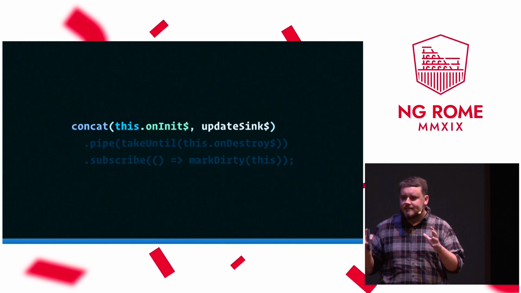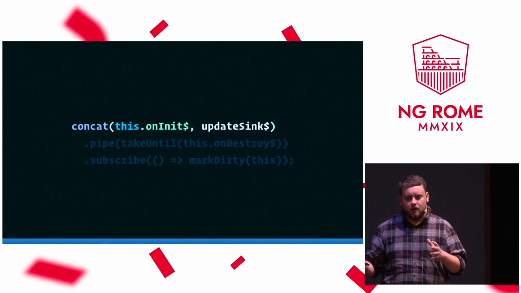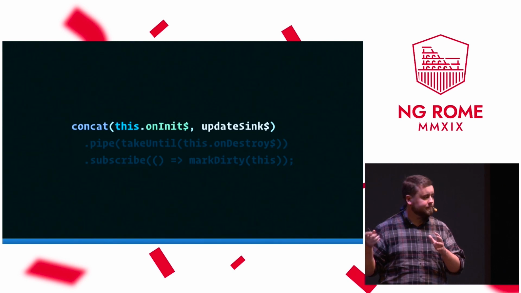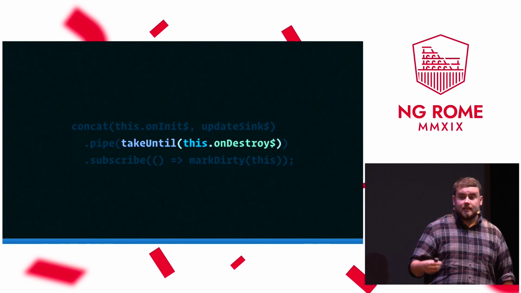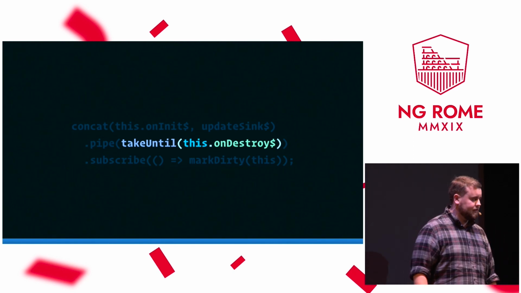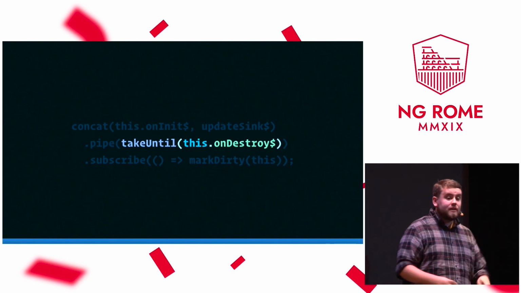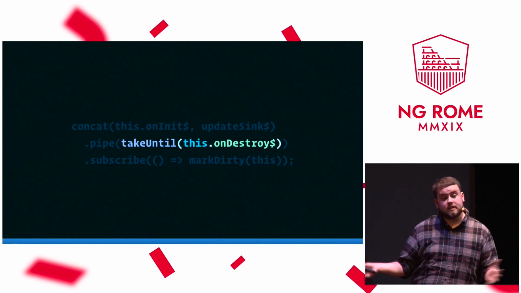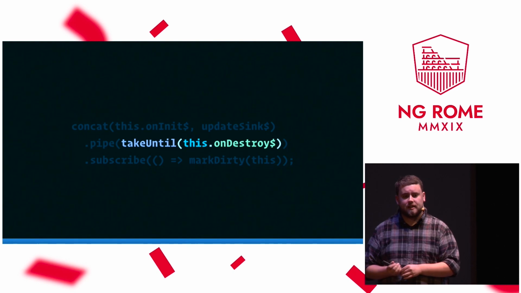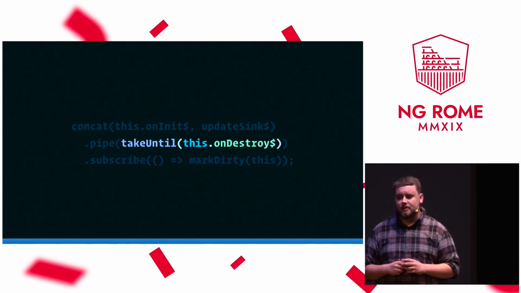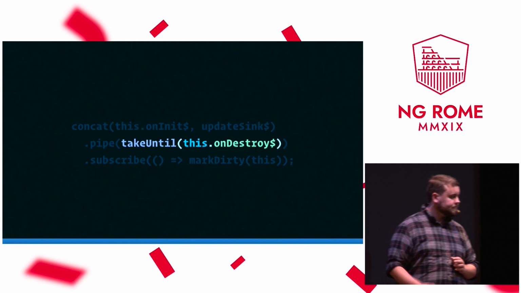So this guarantees that I'm not going to start writing changes out to that sync and calling markDirty until onInit has completed. Then I'm going to use the takeUntil operator, and I'm going to pass in the onDestroy lifecycle hook observable. This will ensure that all these subscriptions that I've created are cleaned up when the component is destroyed, so that the consumers of this library don't have to think about managing observable subscriptions.